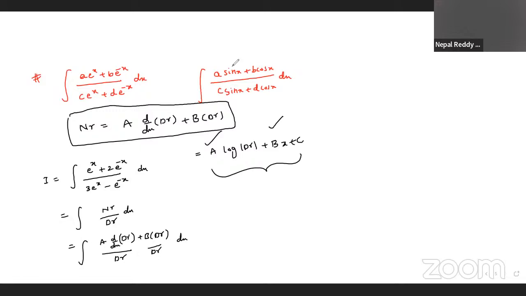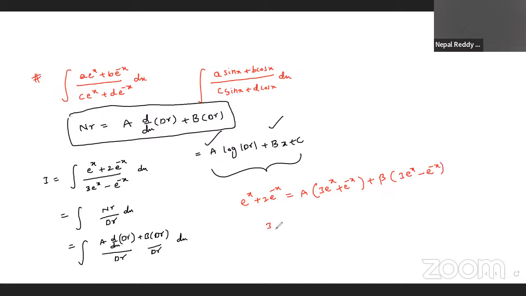Here we just need to find the values of a and b, that's all. To get the values of a and b, just write the numerator first. Numerator e power x plus 2 times e power minus x is equal to a into differentiation of denominator: 3 into e power x, next e power minus x derivative is minus of e power minus x, so you will get plus e power minus x, next plus b into denominator part, that is 3 into e power x minus e power minus x.